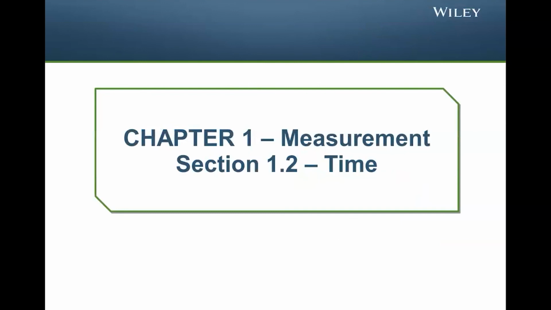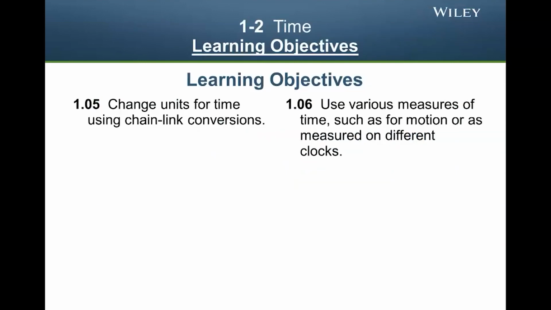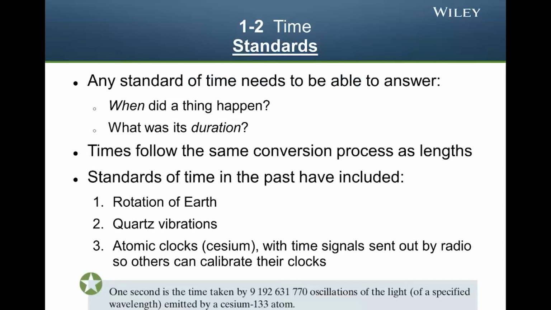Okay, so they call this chain link conversions, but a lot of people call it dimensional analysis. It's the same thing. Measures of motion. So just like defining time: one full rotation of the Earth is a day.